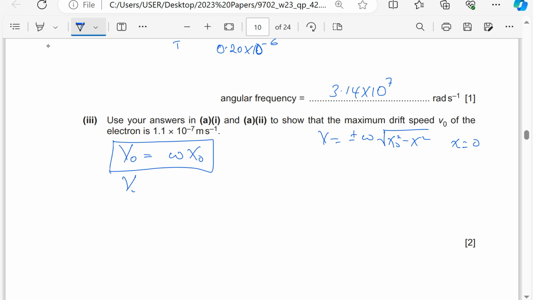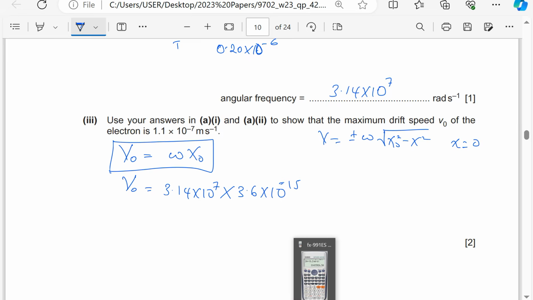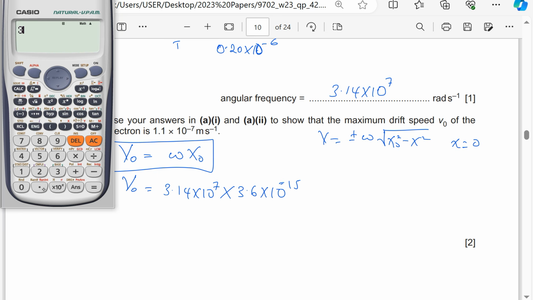So it means the maximum speed is going to be omega, which is 3.14 times 10 to the power of 7, times the maximum displacement, which is 3.6 times 10 to the power of minus 15. So 3.14 exponent 7 times 3.6 exponent minus 15.